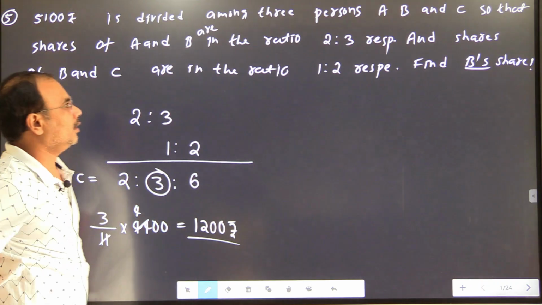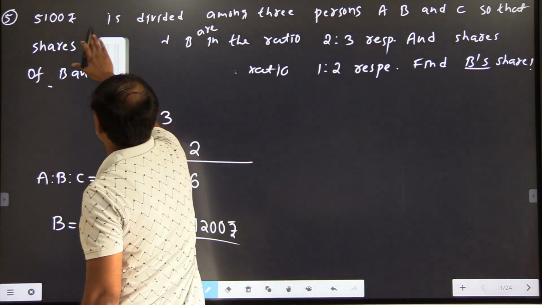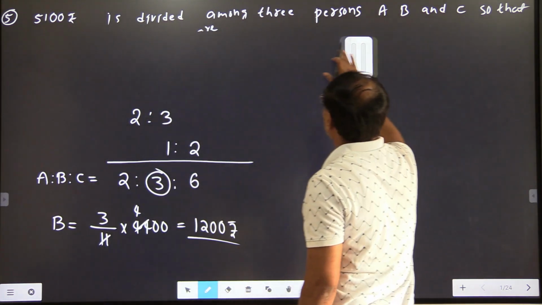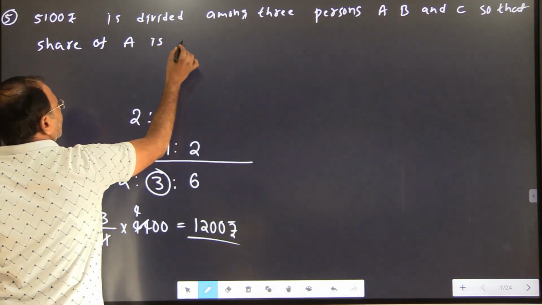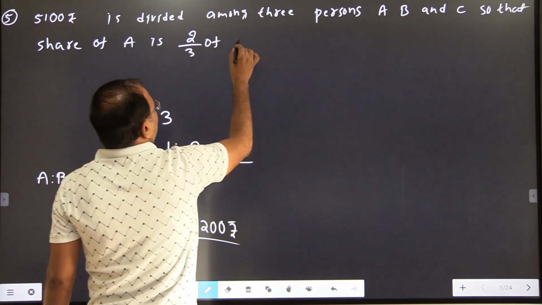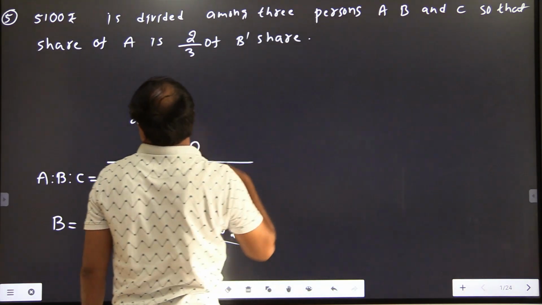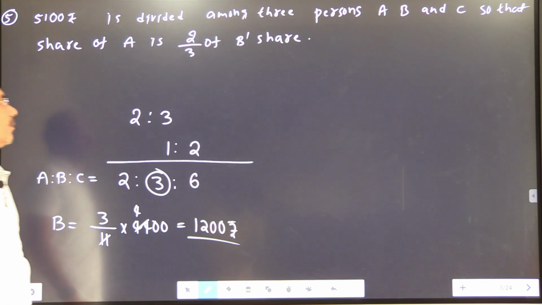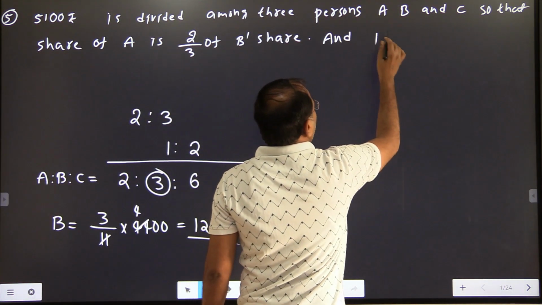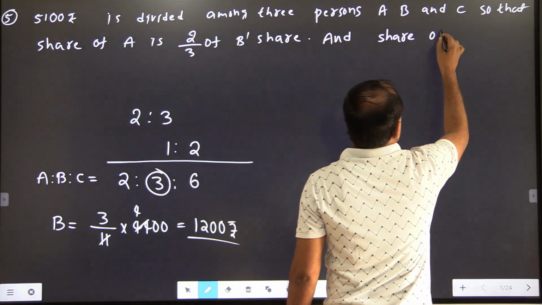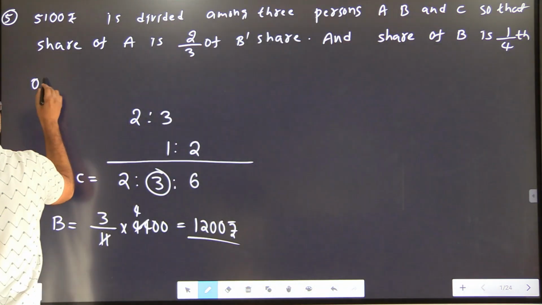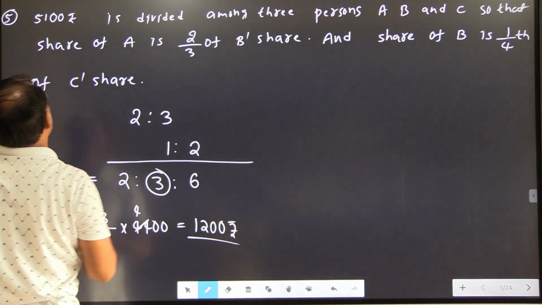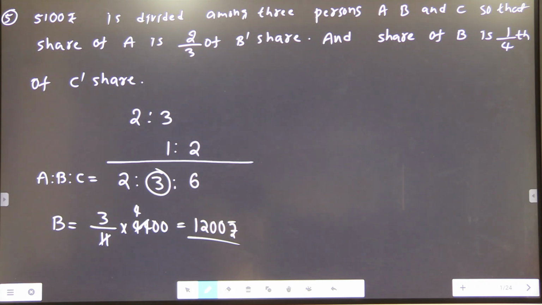₹5,100 is divided among 3 persons A, B and C so that the share of A is 2/3 of B's share, and the share of B is 1/4 of C's share.